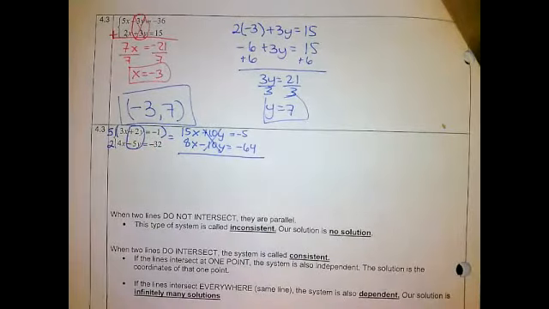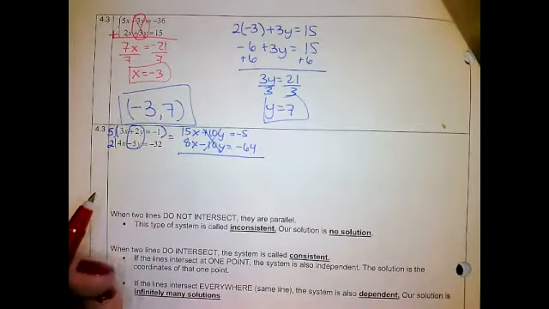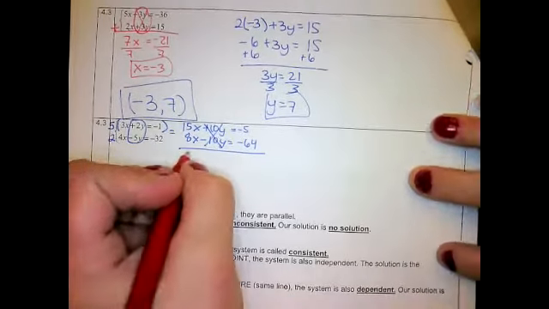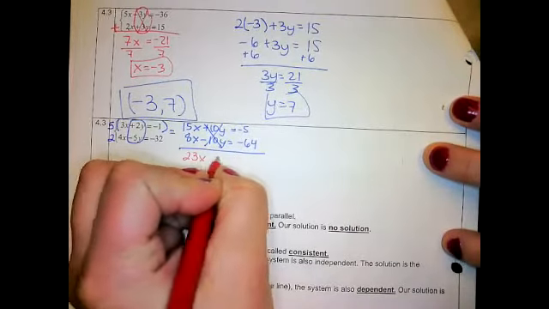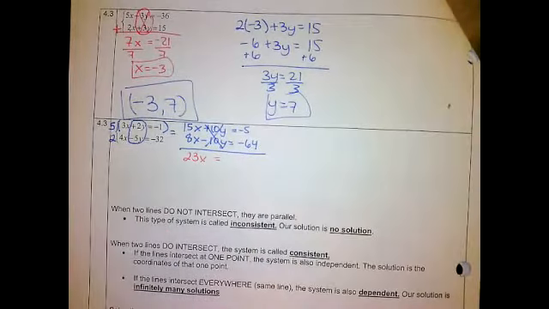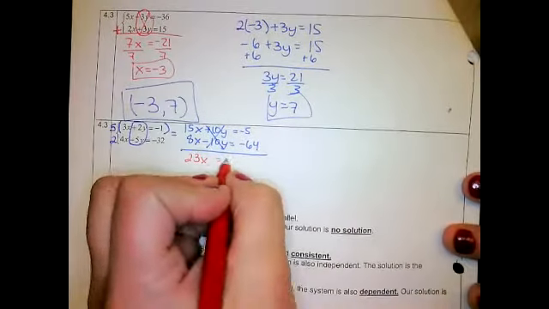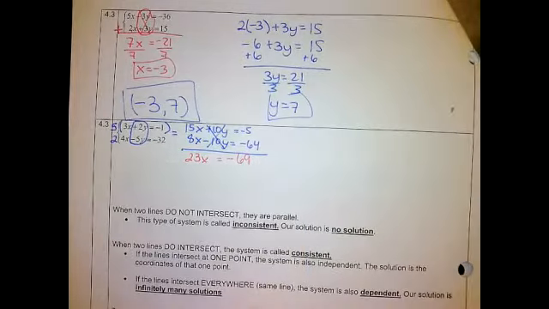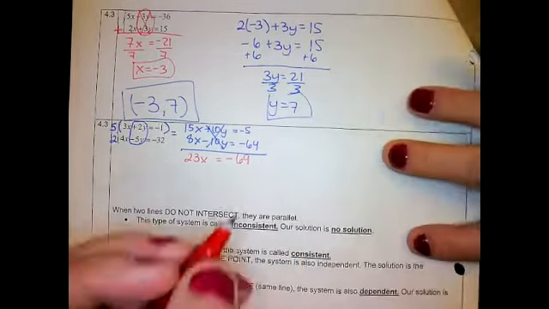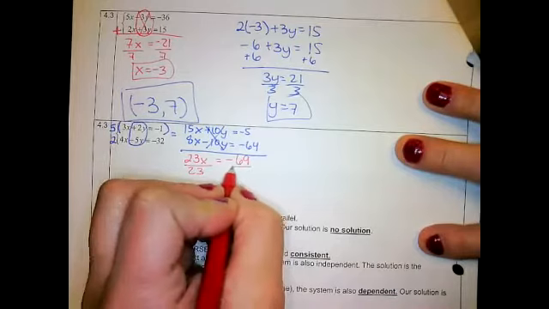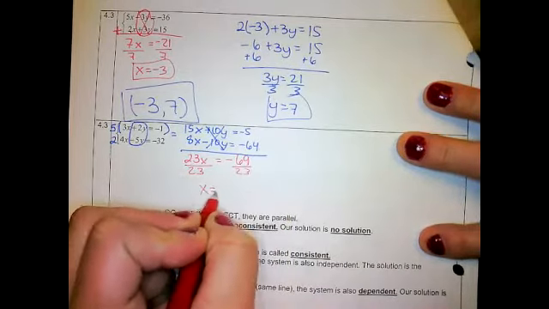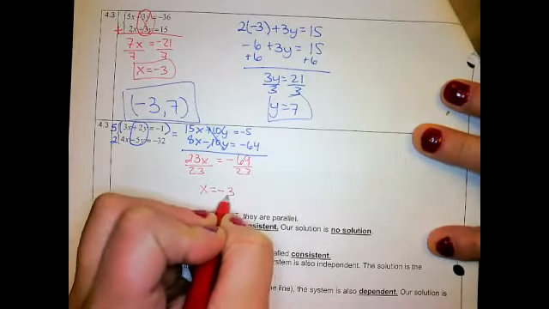Those 10s are going to cancel. 15 plus 8 is 23. So I have 23 x's equals negative 64 minus 5 is negative 69. And then I need to divide both sides by 23. And I get x equals negative 3.